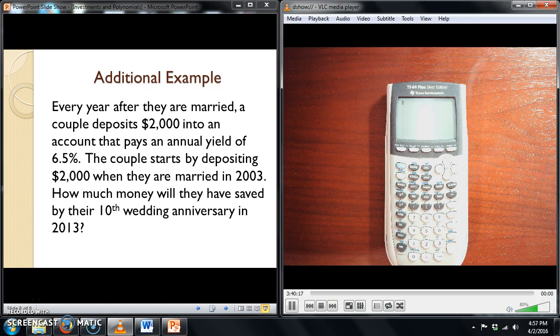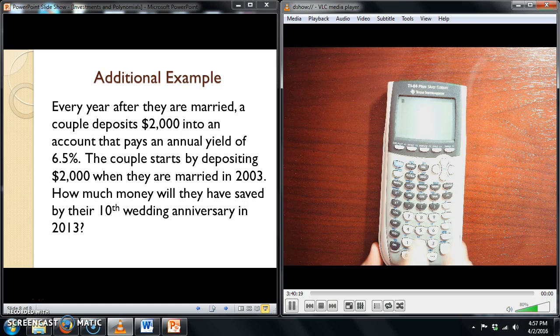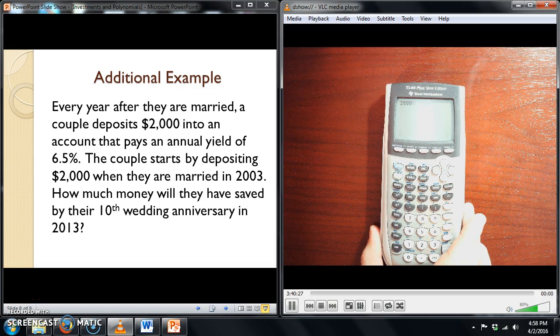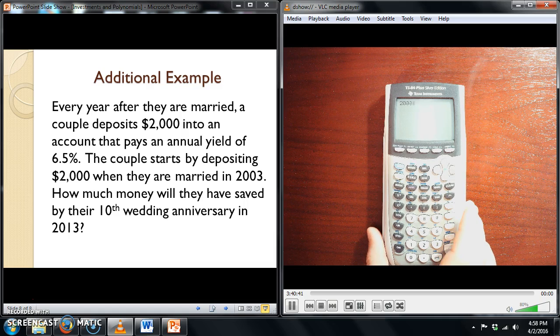So the way I would represent that is I would put in 2,000, and then I'm going to go ahead and plug in all of the values and take note of the key sequence here and how I'm going to use 1.065 for my scale factor. So follow along with me here, maybe punch it in your calculator as we go through, and then we'll hit enter at the end, and hopefully we'll come up with a number that represents the total.